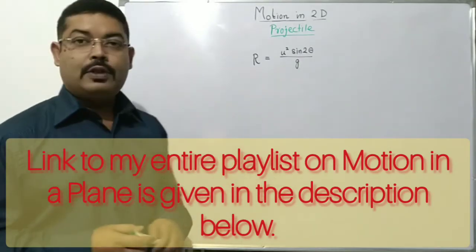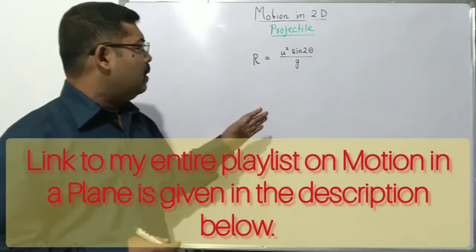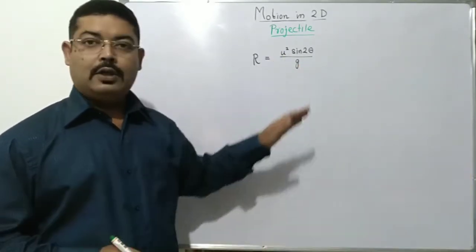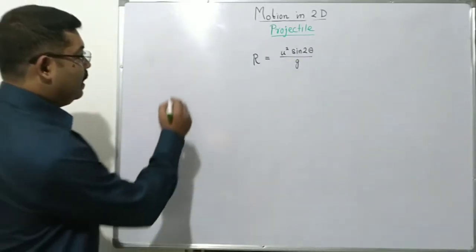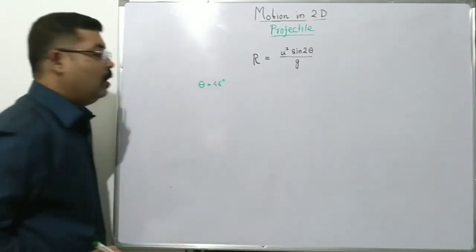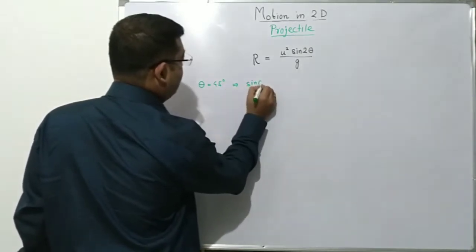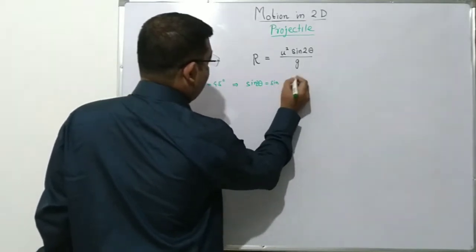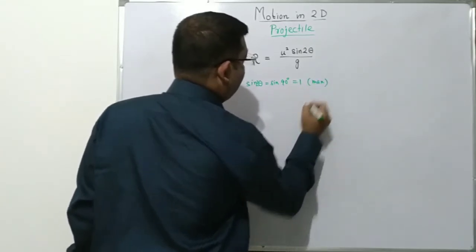Now, the range of a projectile which is projected at an initial speed or velocity of u, making an angle theta with the horizontal, is given by this equation. In the case where theta equals 45 degrees, sine of twice theta, that is sine of 45 into 2, that is sine 90 degrees, is equal to 1, which is the maximum value of sine.